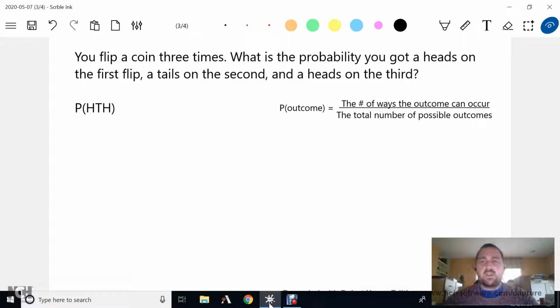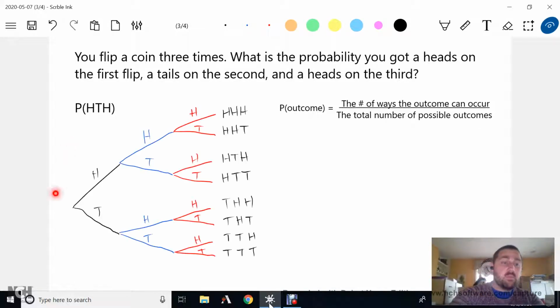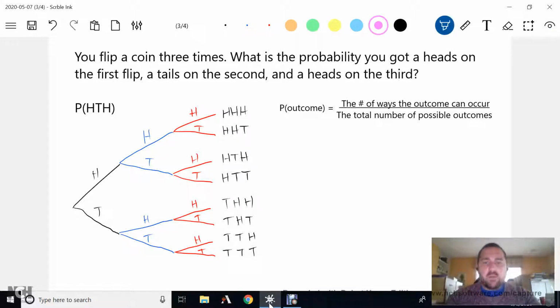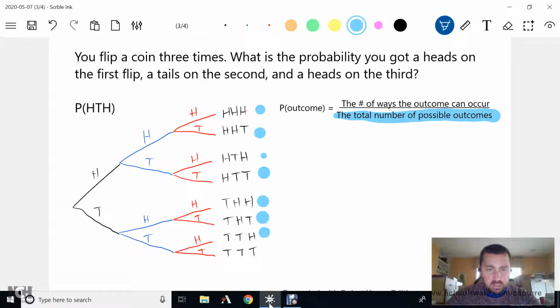A very obvious way to solve this would be by using a tree diagram, which is a little bit of work, right? But it does work for us, okay? So here's our tree diagram, and here's all of our different possible outcomes. In this case, the total number of possible outcomes would be 1, 2, 3, 4, 5, 6, 7, 8. We have 8 total possible outcomes.